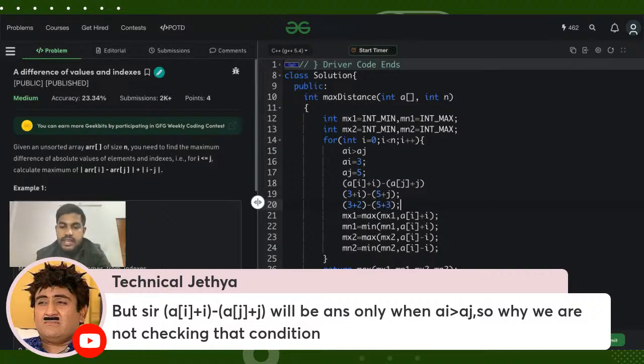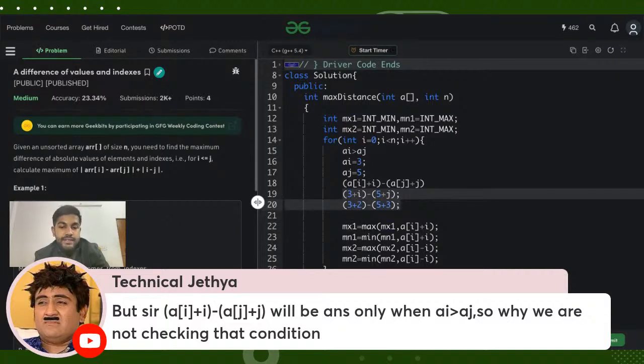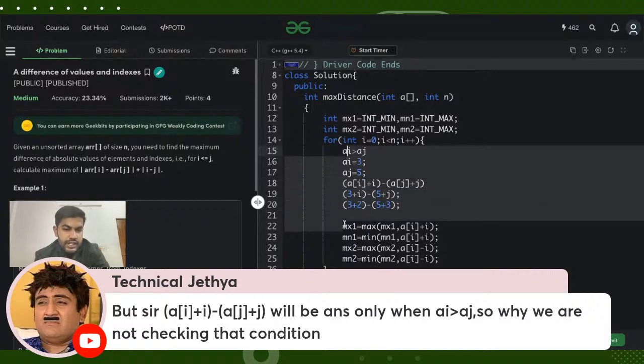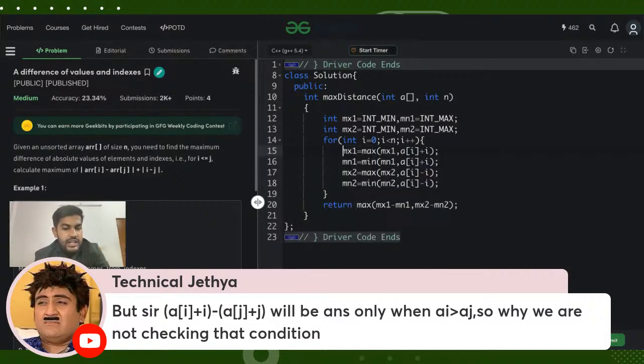You can see that the value of this would always be negative, so it won't contribute to this maximum thing. That is why this would remain unaffected even if we don't check this condition. Obviously, if you apply this check, then also your answer is correct, but this check is not important.